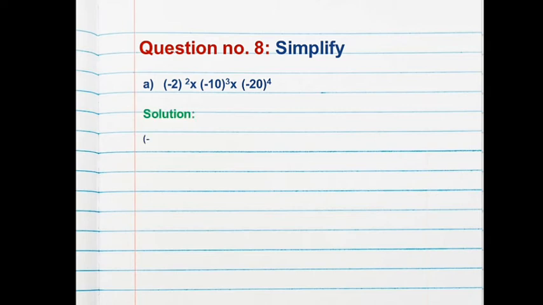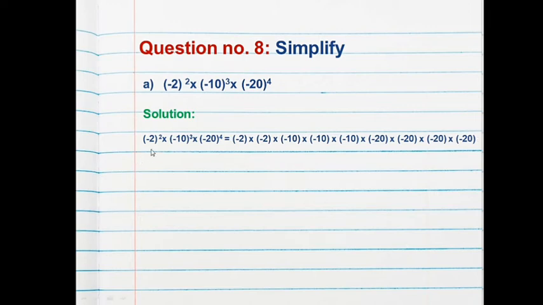So solution: minus 2 raised to the power 2 into minus 10 raised to the power 3 into minus 20 raised to the power 4 is equal to minus 2 into minus 2 into minus 10 into minus 10 into minus 10 into minus 20 into minus 20 into minus 20 into minus 20. So what is given here?